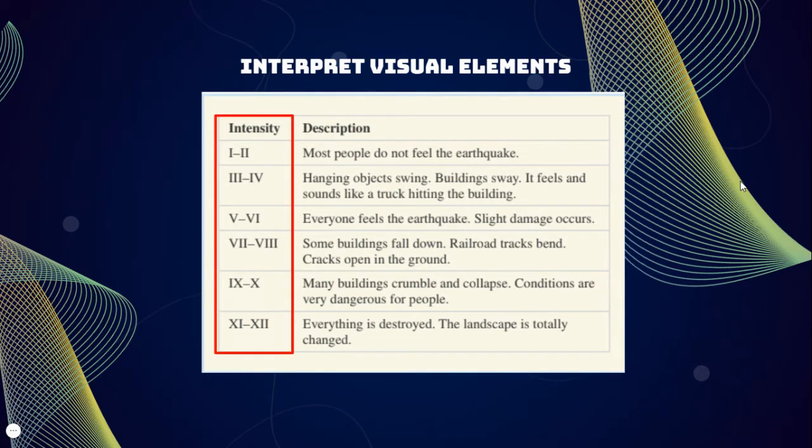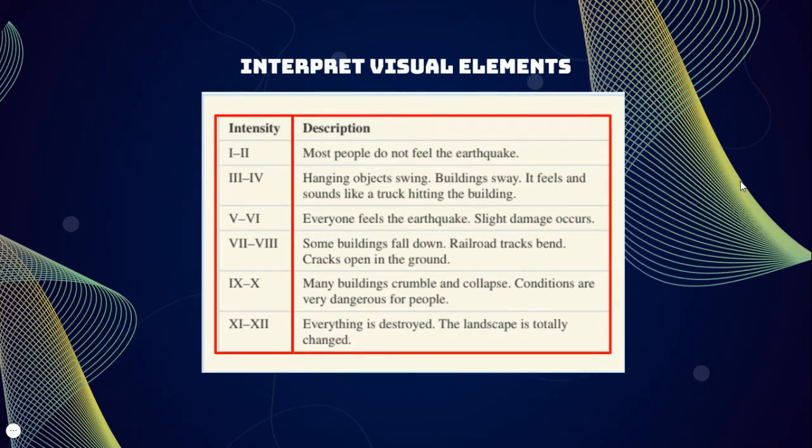The heading Intensity helps explain that numbers refer to different intensity or strength ranges for earthquakes. The heading Description explains that the right column lists descriptions for each intensity range.